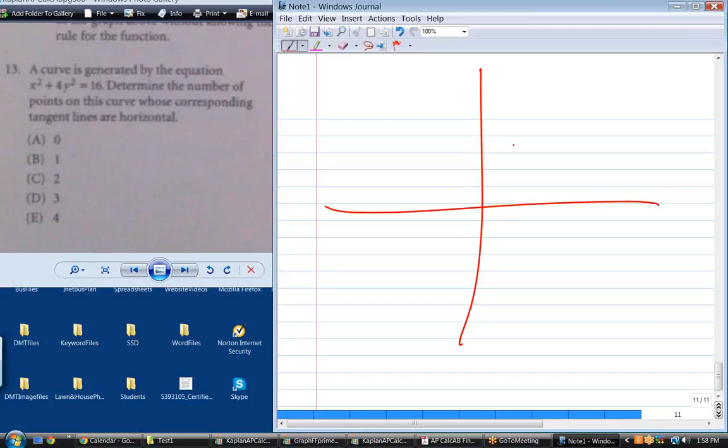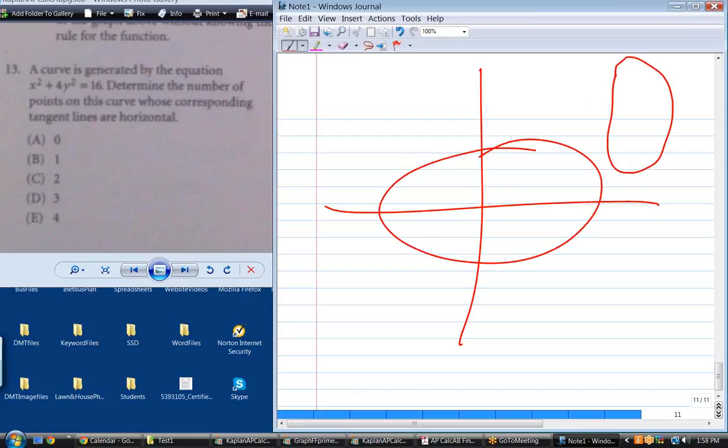It's either this kind of an ellipse or this kind of an ellipse. Both of which have how many horizontal tangent lines? 2. The horizontal one has a tangent line there and one there.